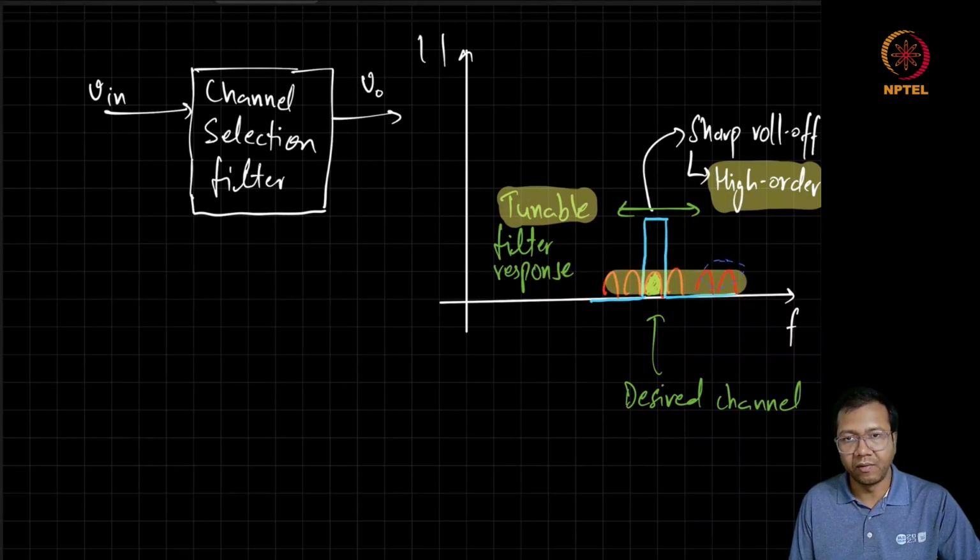So if you can achieve that, it is possible to change the channel which is going to be selected by the filter without requiring a tunable high order channel select filter. Okay, you may still require a sharp roll off, but now the requirement is that it needs to be just a fixed filter with sharp roll off.